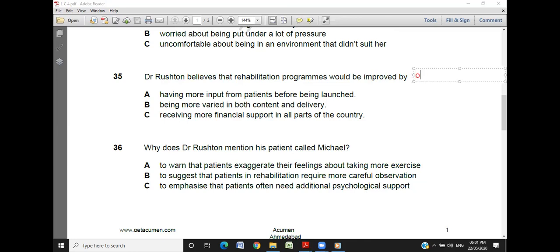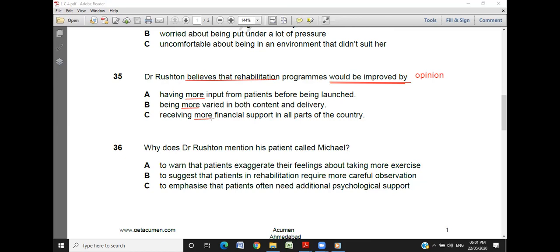So again, this is opinion question, because it says Dr. Reston believes that, okay, and the focus here is in future how they can be improved. All three options are comparative, obviously, because he's talking about current rehabilitation programs and future.